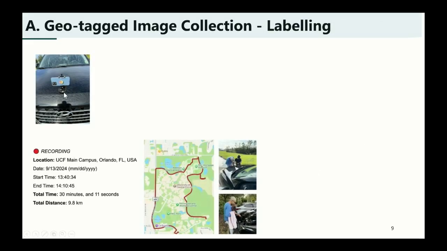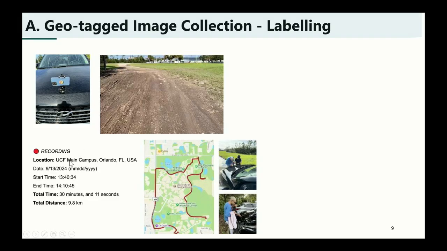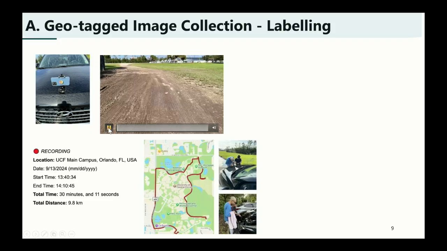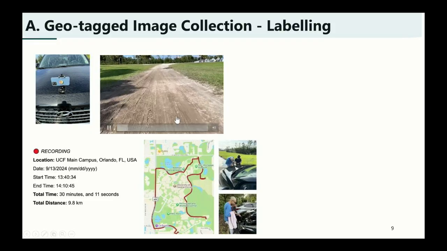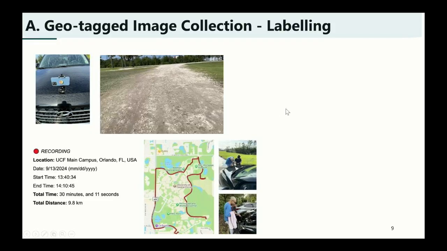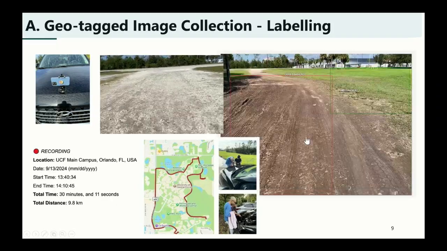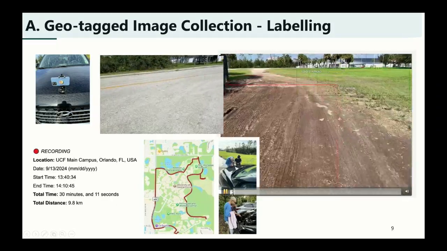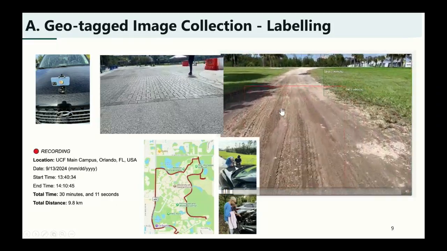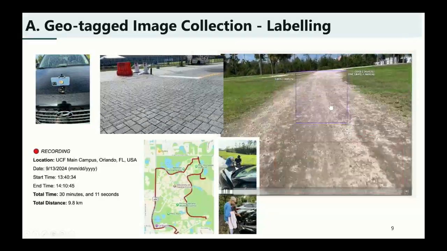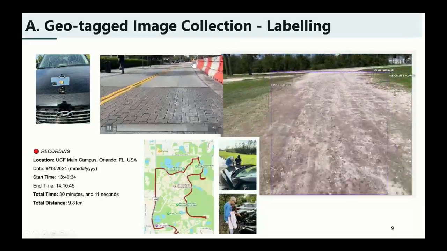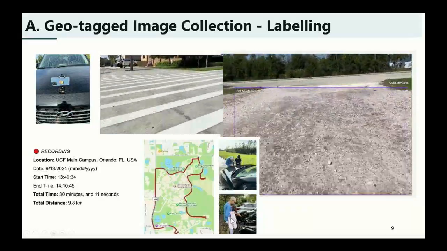We install the smartphone on top of the mission vehicle or any other vehicle. This is the video file that we collected from that smartphone. Then we label them, such as whether it is on paved road or asphalt, etc.